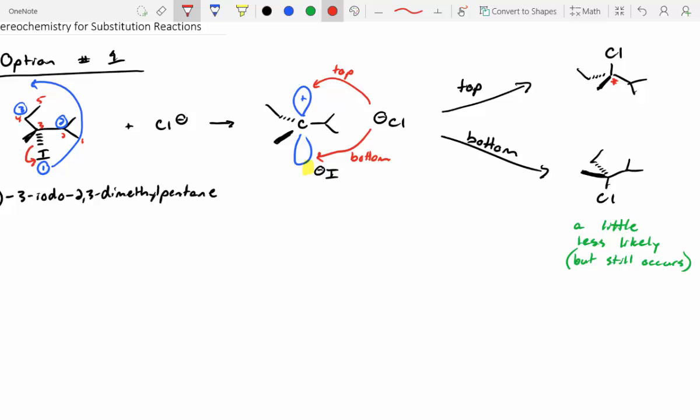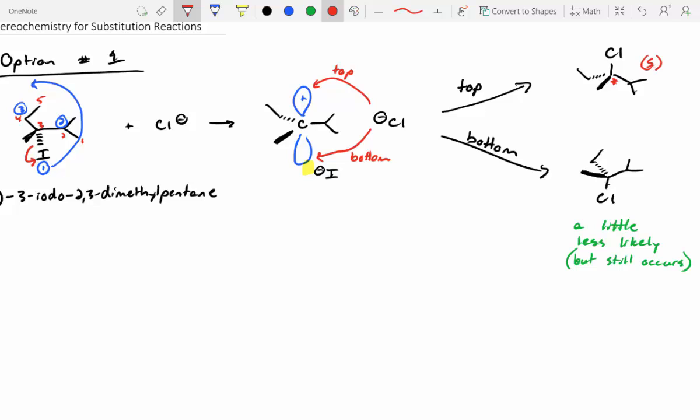So highest priority would be up here, second highest, third highest. Sorry, that's a little sloppy. If we go around, that's clockwise. However, our lowest priority is coming towards us. So it will most likely be an S, or it is an S, I should say. So in this top example, we could say, all right, we might get this S stereochemistry coming out.